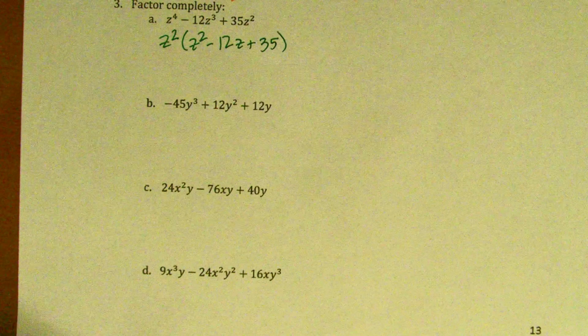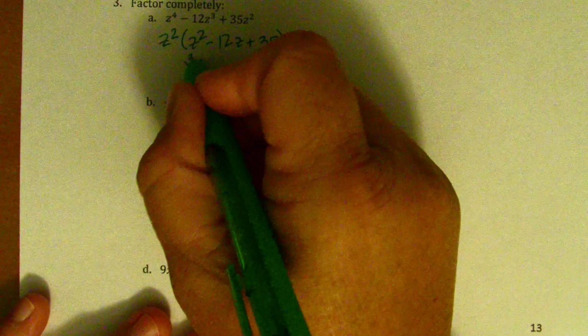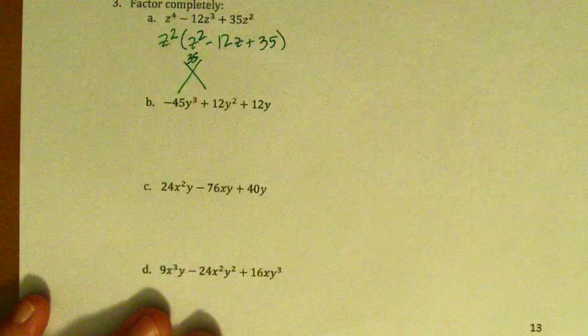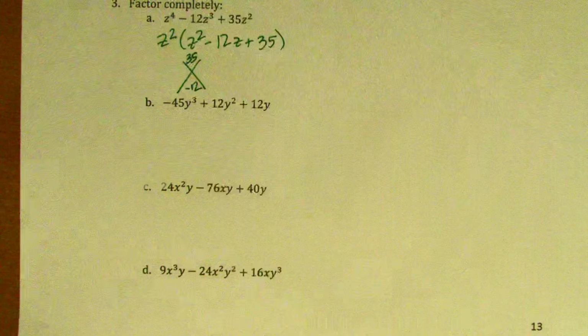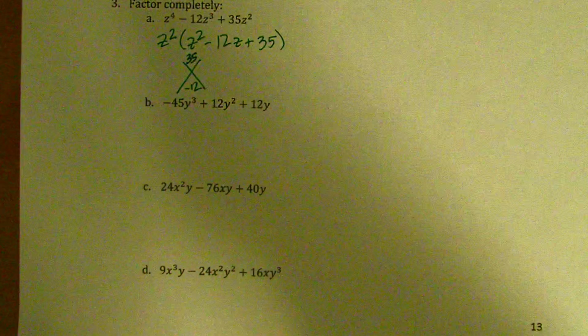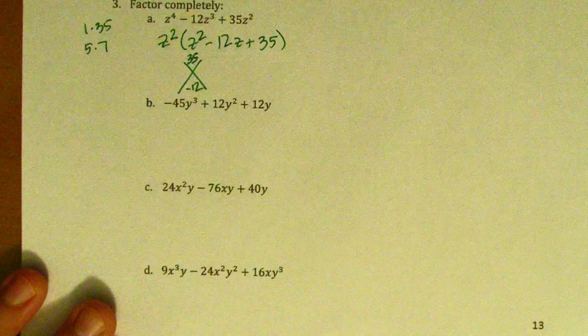And then I can go ahead and use the x method here. My a value is 1, my c value is 35, 1 times 35 is 35, and the nice thing about when your a value is 1 is there won't be a taking out the trash step. We want 2 numbers that multiply to 35 and add to negative 12, so let's think about what multiplies to 35. 1 times 35 and 5 times 7, those are the only things.